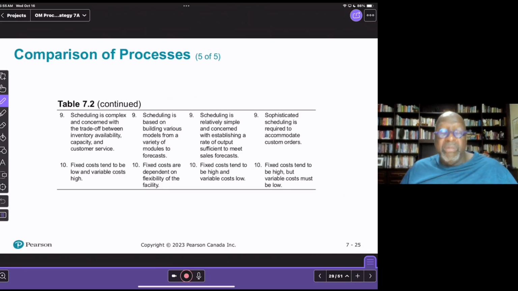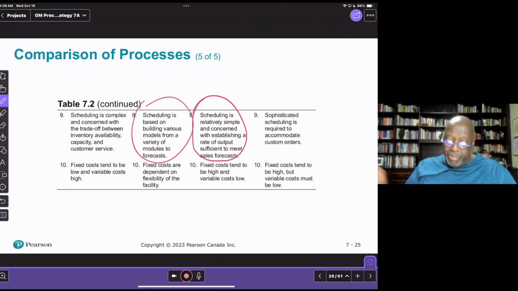So here you could read the rest of that information in your text, where you could see the differences between those when it comes to scheduling the work. Scheduling is based on various production, the models that are being produced. Scheduling is relatively simple. You just run production.